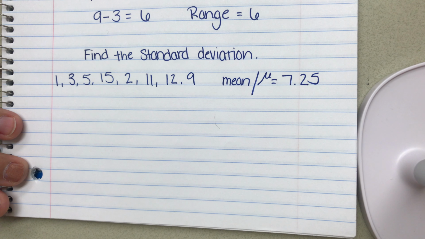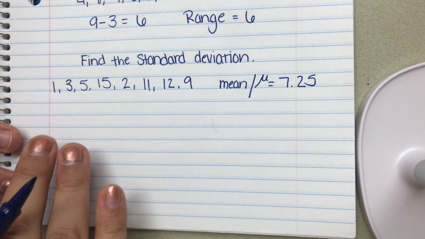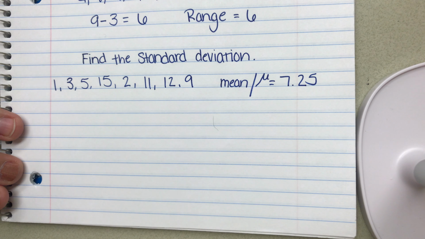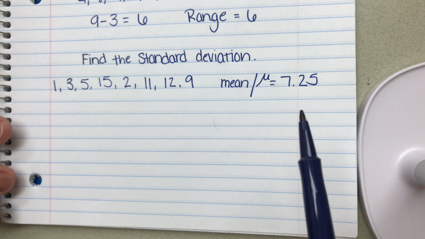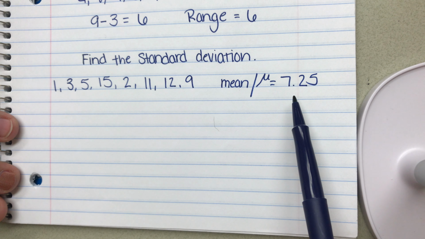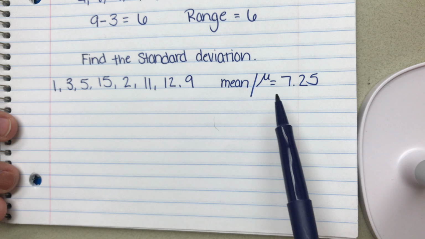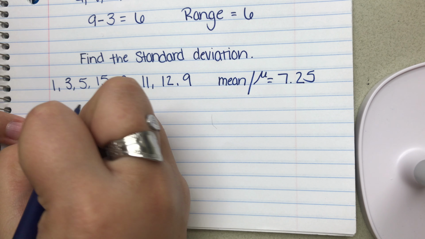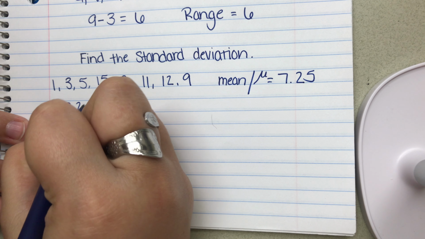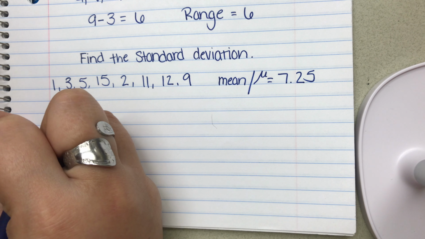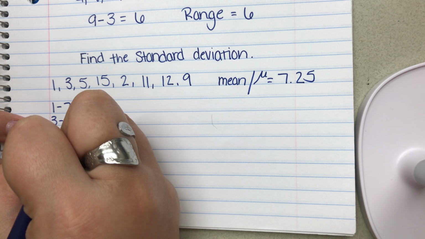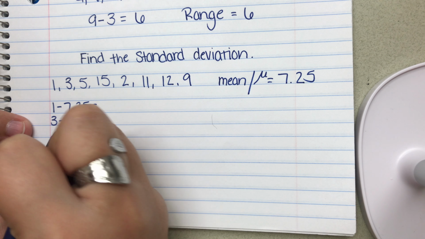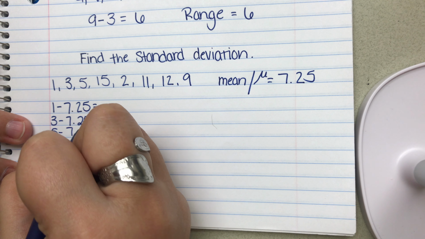Okay, so that is our average, our mean. Next we are going to take all of these numbers, which I'm going to rewrite, and subtract our mean from them. So we have 1 minus 7.25, 3 minus 7.25, 5 minus 7.25.